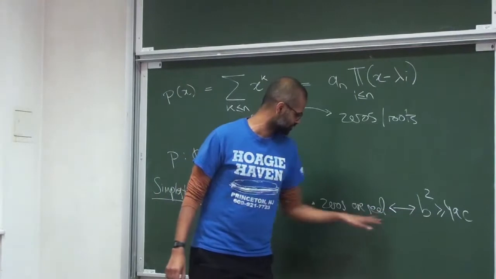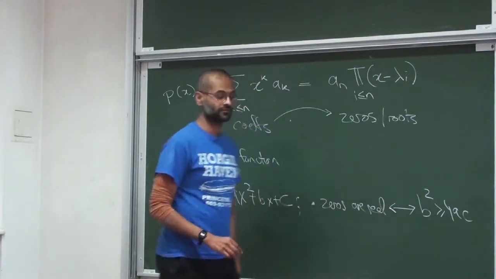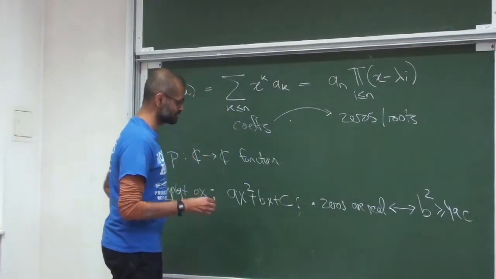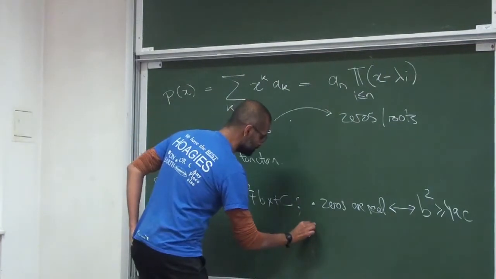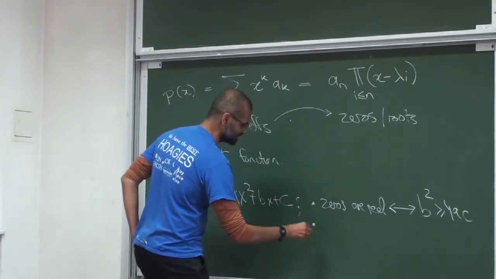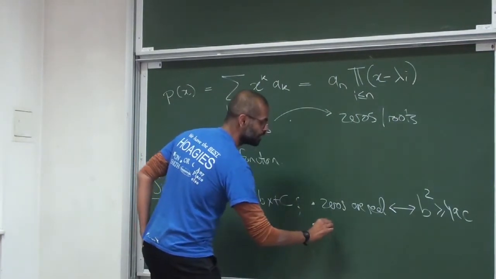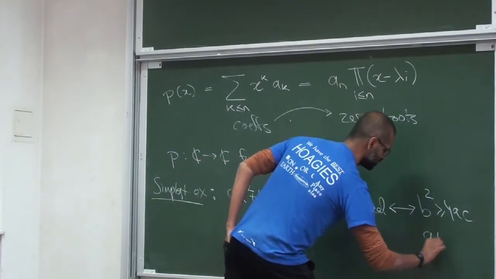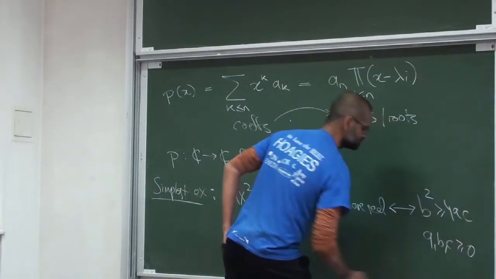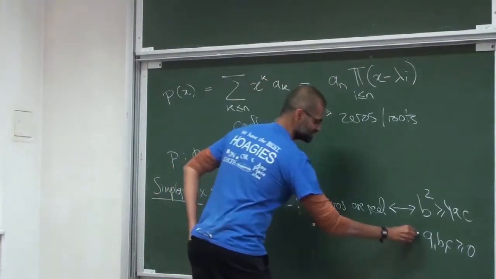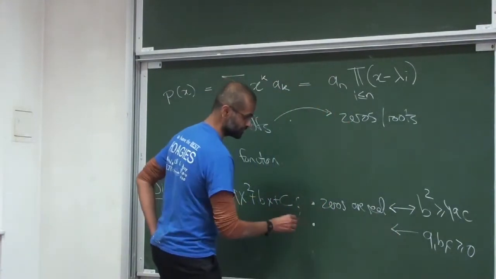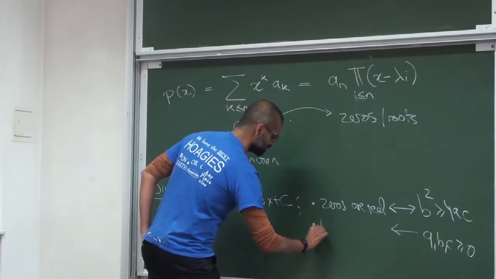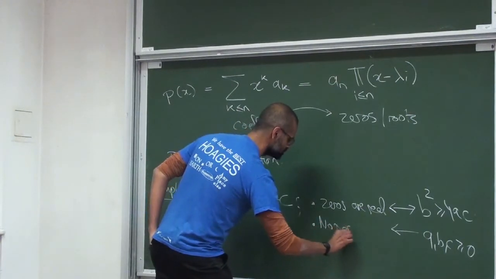If you know something about the zeros, you get some information about the coefficients without necessarily solving. Another sort of basic observation is, suppose the coefficients are all non-negative. Well, this implies, in one direction now, that there are no positive zeros.